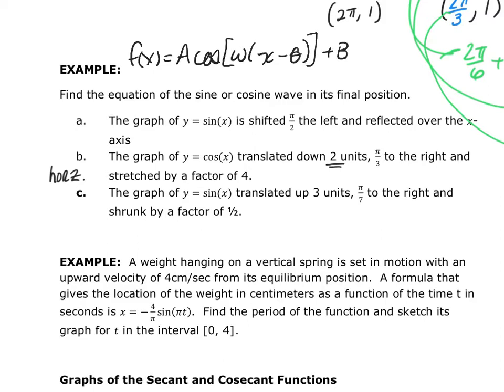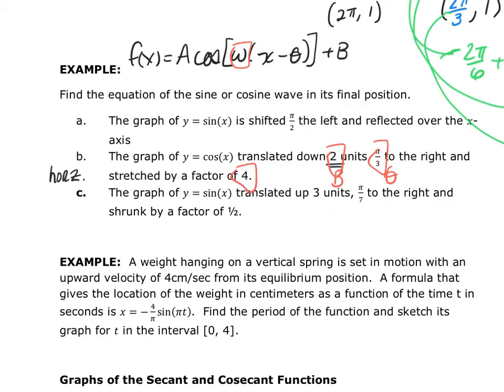Which part is that? That is the b part. And I have pi over 3 to the right. Which part is that? This is my theta. And then horizontally stretched by a factor of 4. Which one is that? That is my omega.